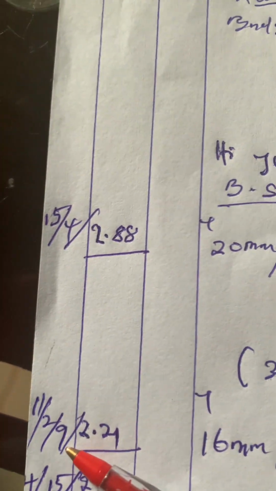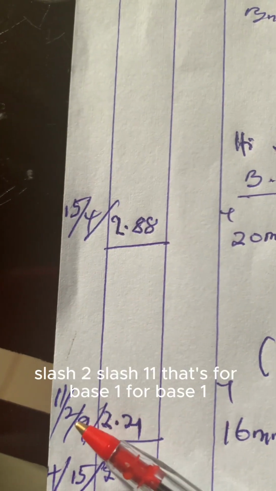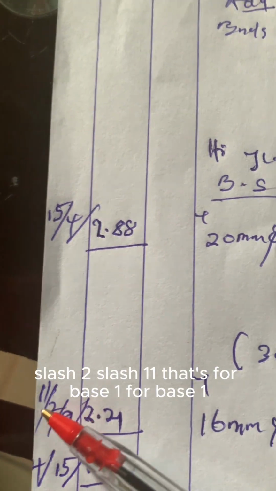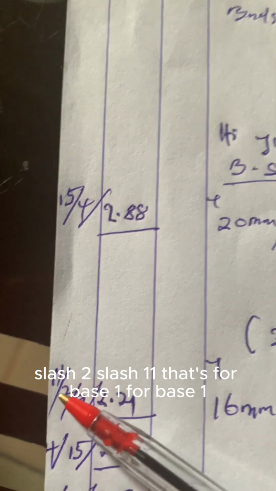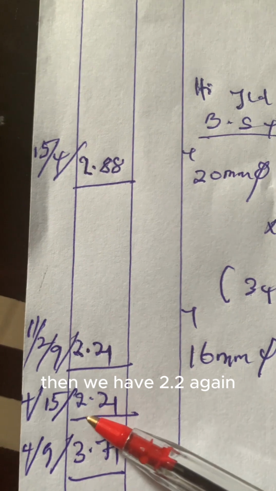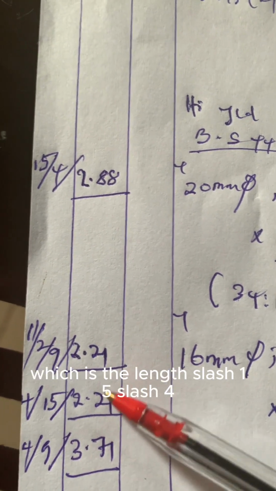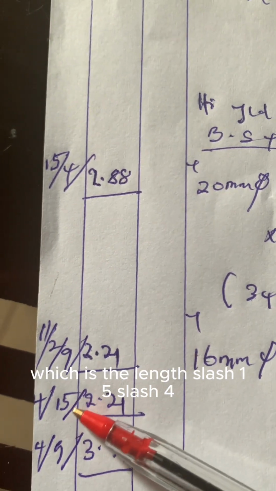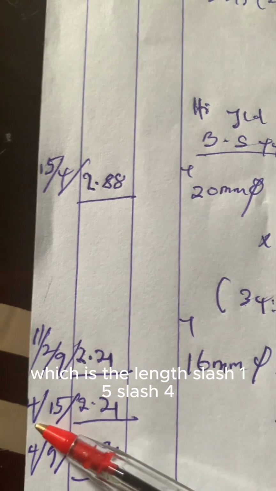That's why we are slashing by 9, 2, 11. That's for base 1. Then we have 2.2 again, which is the length, slash 15, slash 4.